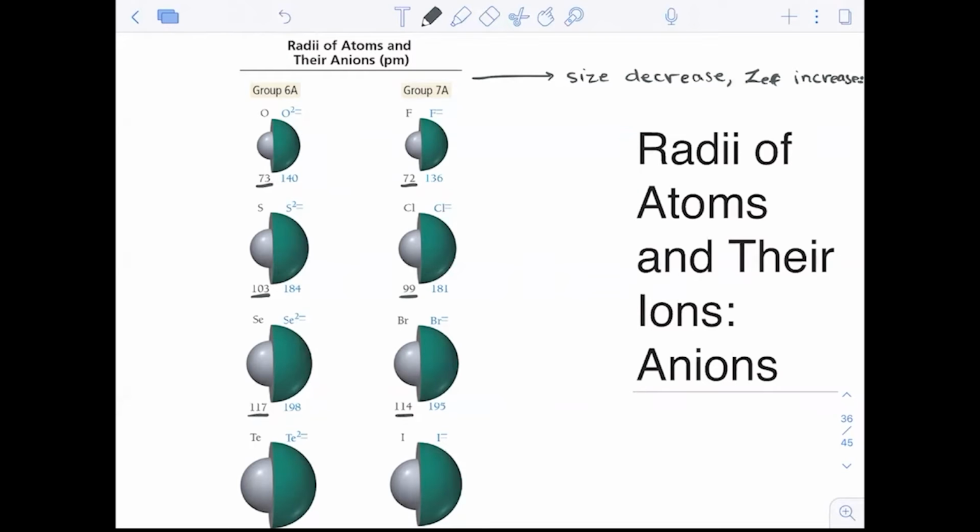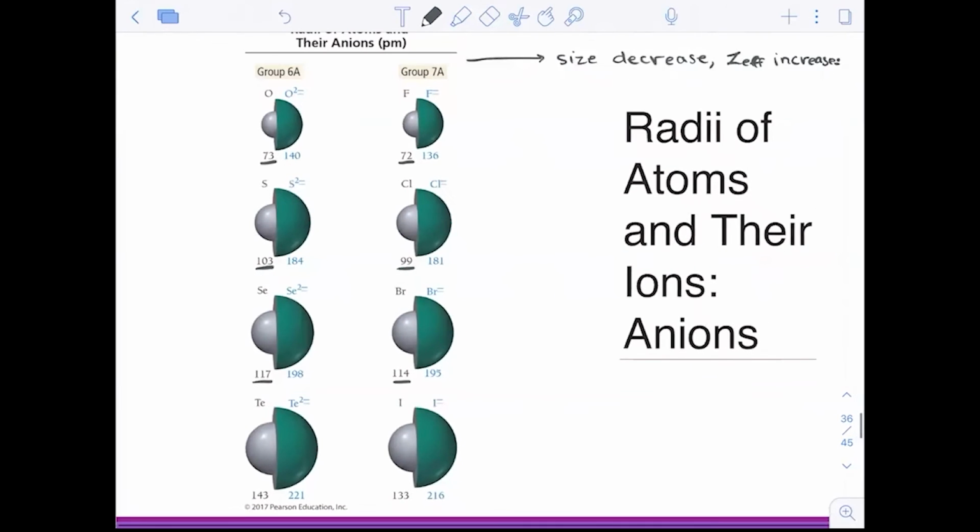Electrons are being held tighter, and therefore more attraction. Being held tighter, therefore they are closer to the nucleus. Not very much, a couple of picometers, but still important.